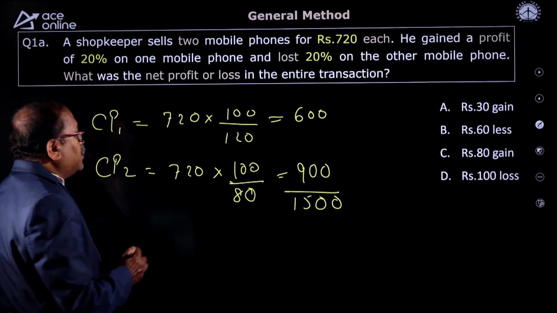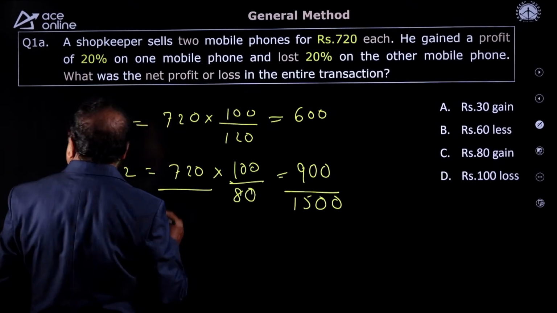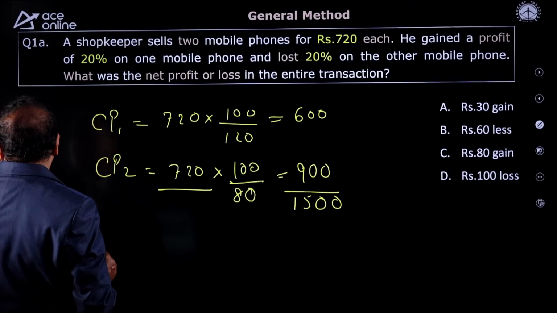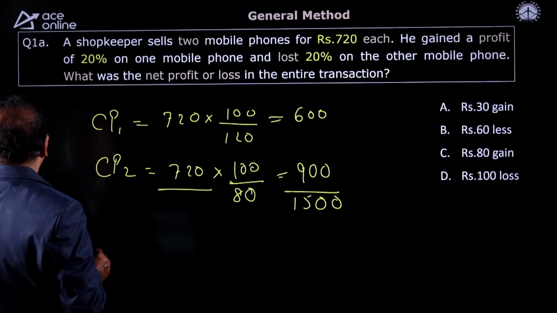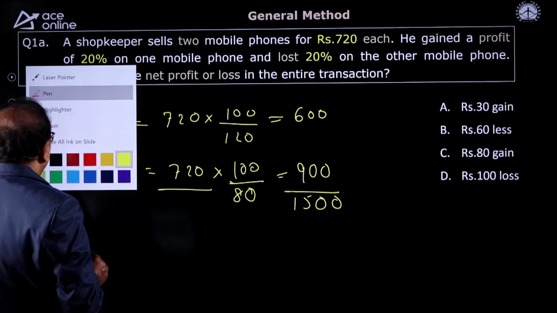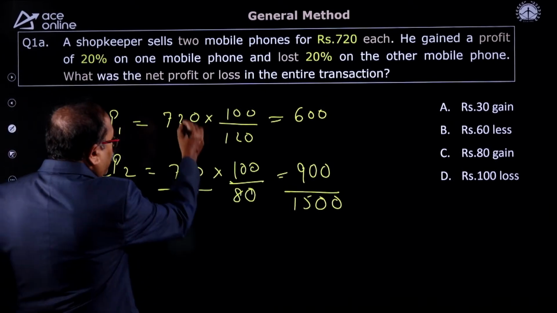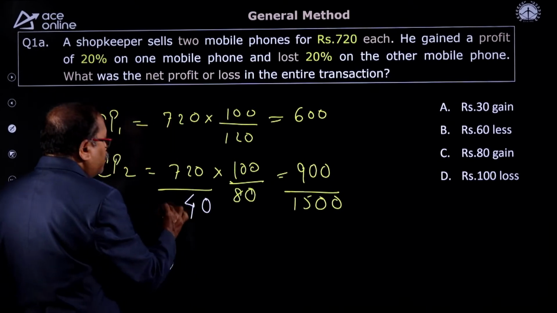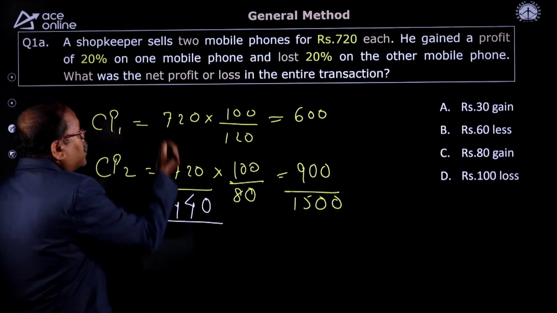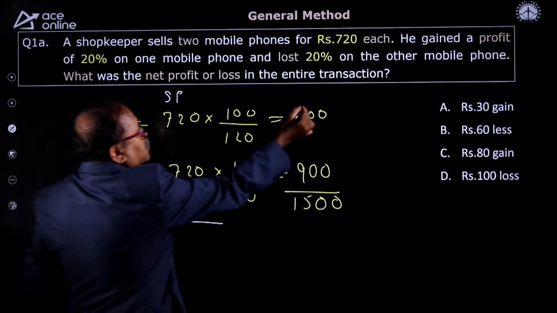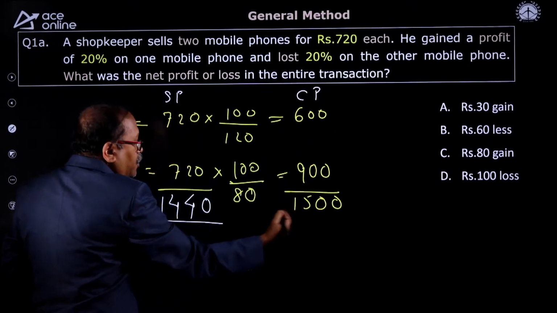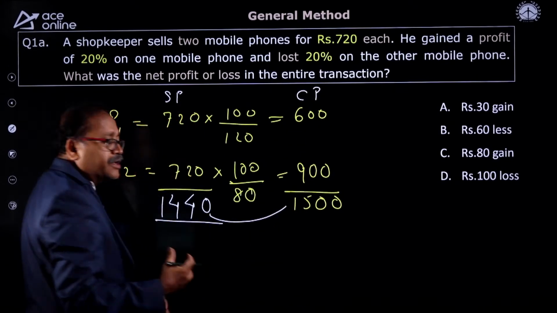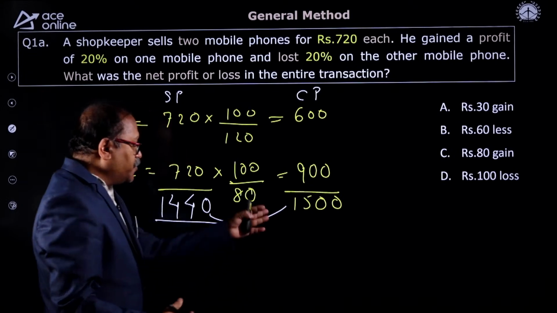And what is the total SP? Just wait. The total SP is 2 times 720, the 0 and 2 and 2, 4 and 7 2 is 14. This is the SP, and this is the CP, and I notice that the CP is greater than the SP, therefore there is a loss.